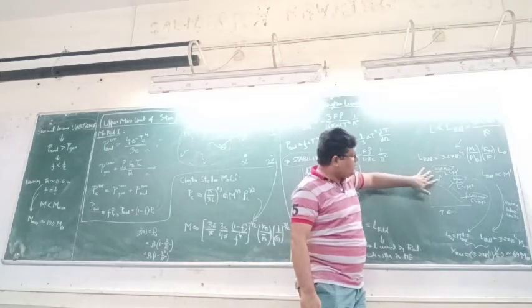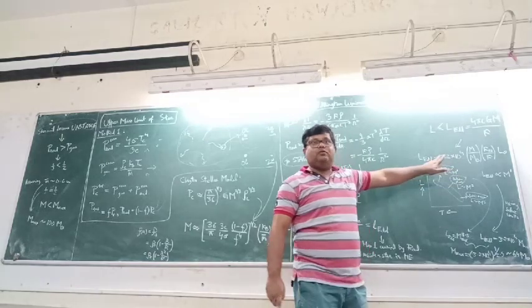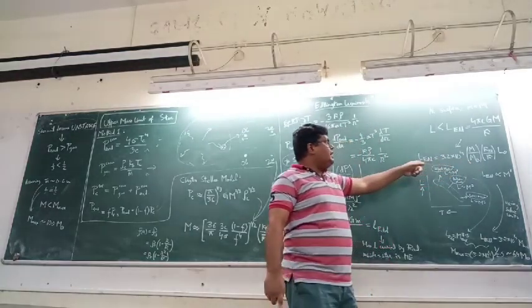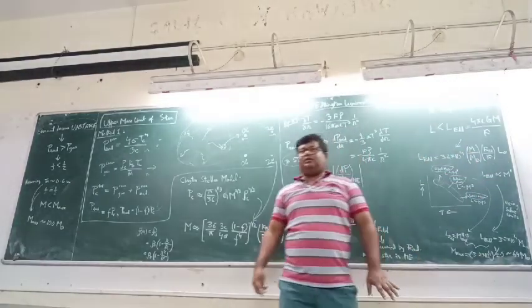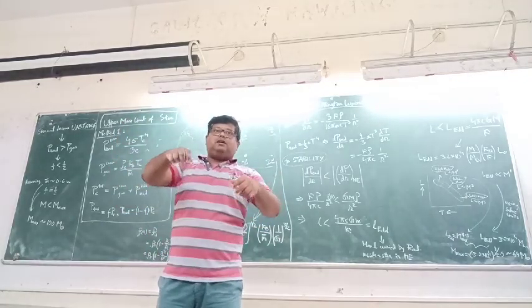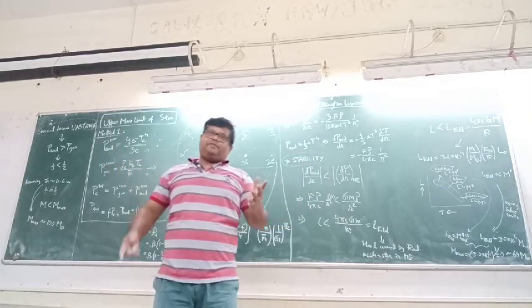Over here it doesn't extend. So this means that there is a limit above which you cannot go. And that limit is basically this Eddington luminosity. So when these two match, after that you cannot have a star, because if you keep on giving mass to the star, the upper surface will keep on blowing away. Understand?